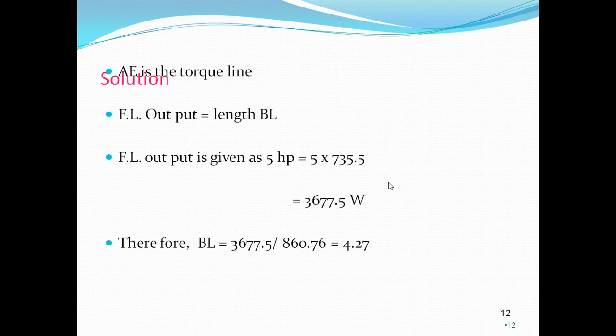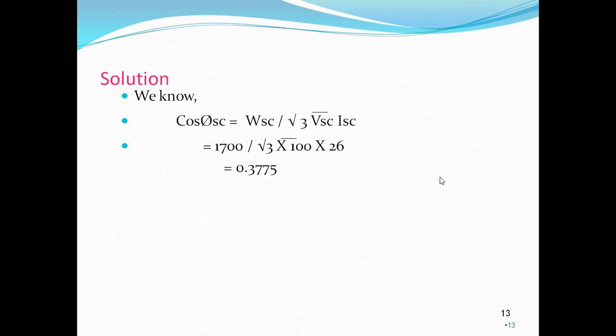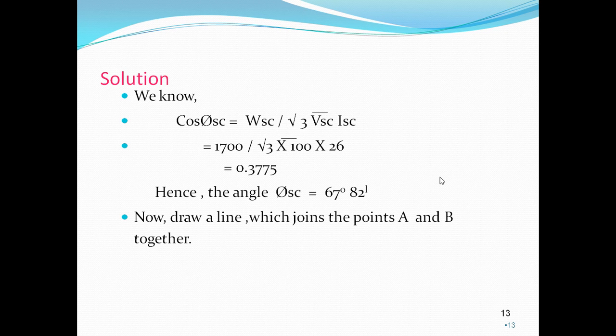So that is 4.27. Now we have to extend the line from point B at the top, which gets a point L. So BL is equal to 4.27. So after getting this BL, we have to calculate cos phi s, that is 67 degrees.